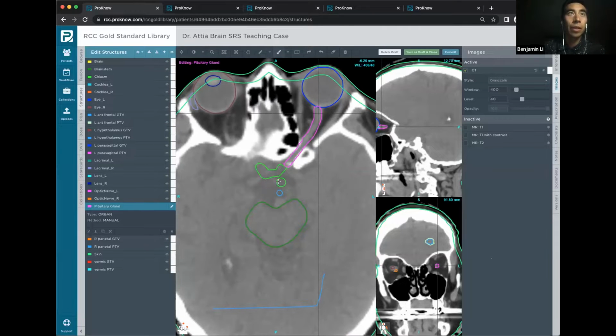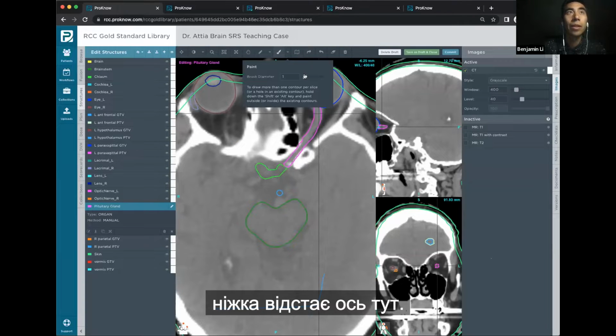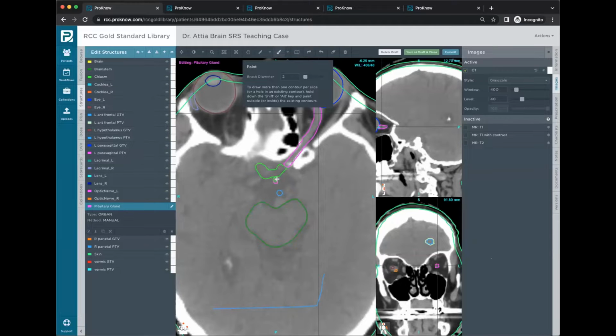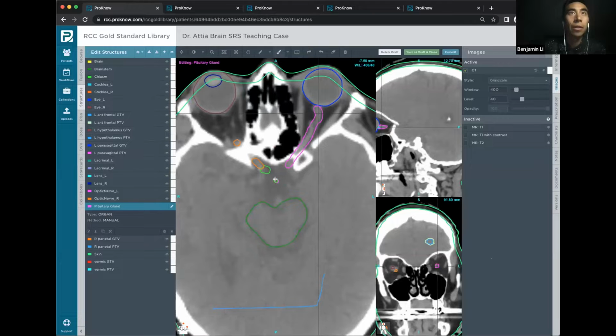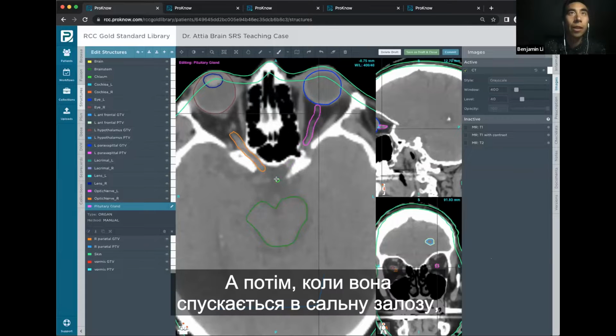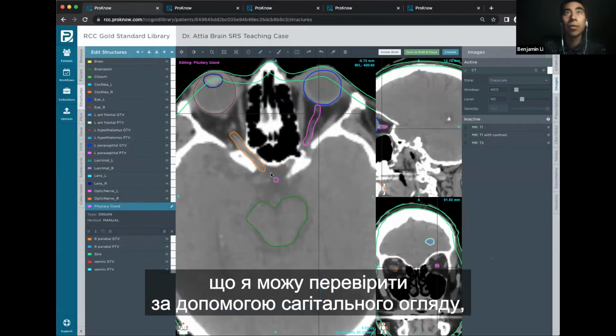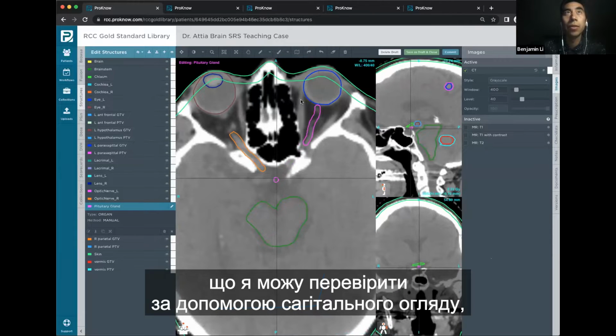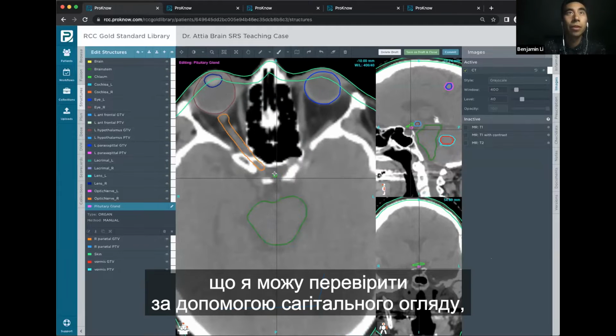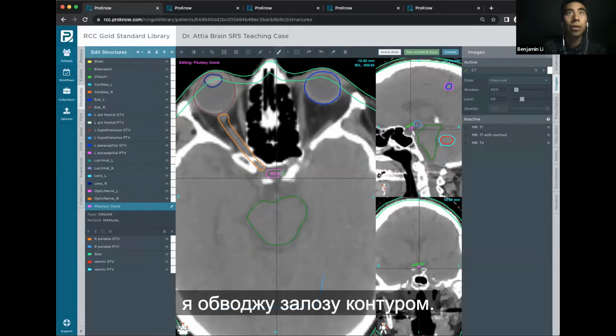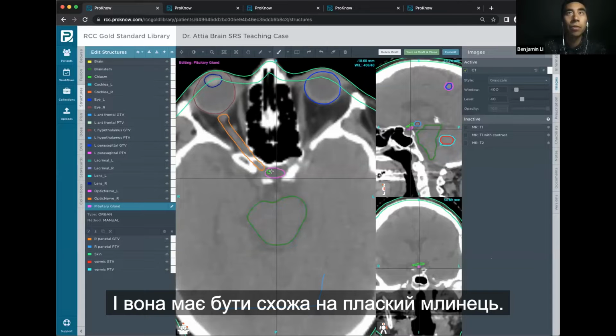so this stalk is behind, right here. And then once it's getting down into the sella, which I can verify with my sagittal view, is where I will contour the gland, and it should be looking like kind of a flat pancake.